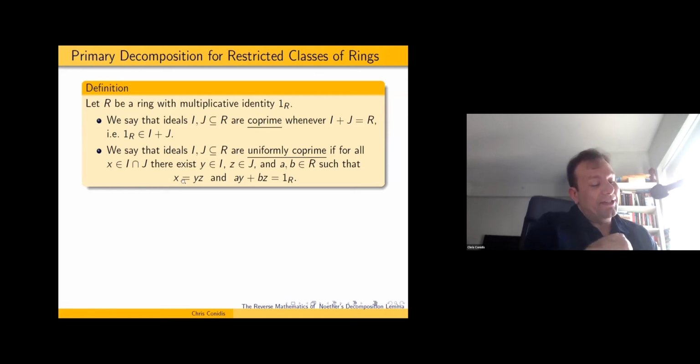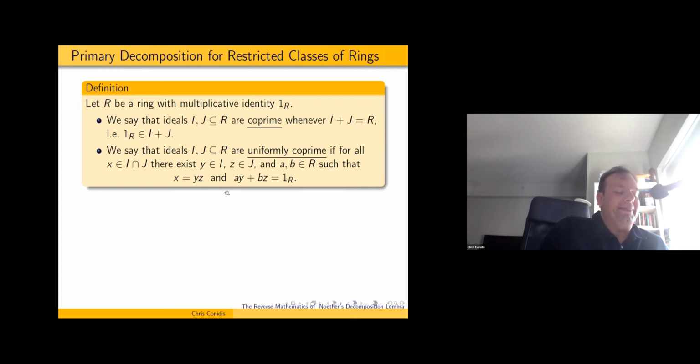I want to say that two ideals are uniformly coprime if for all x in their intersection, there exists a y in the first one and an element z in the second one, such that, first of all, y and z multiply to the original element x that was in the intersection, right? So x can be split as a product y times z in this way.